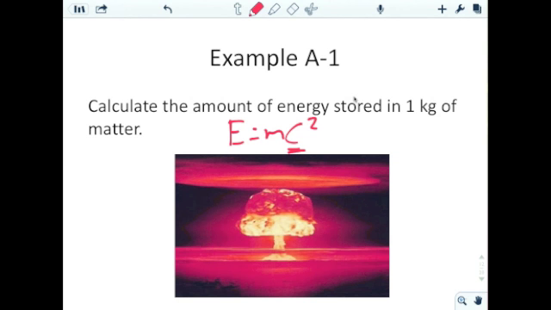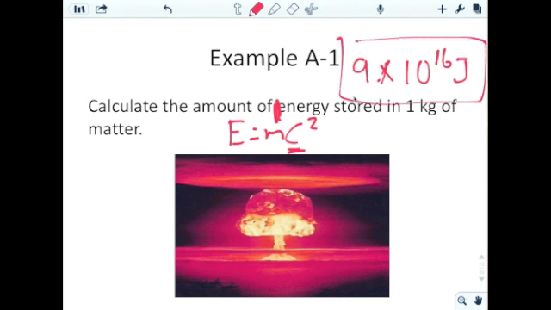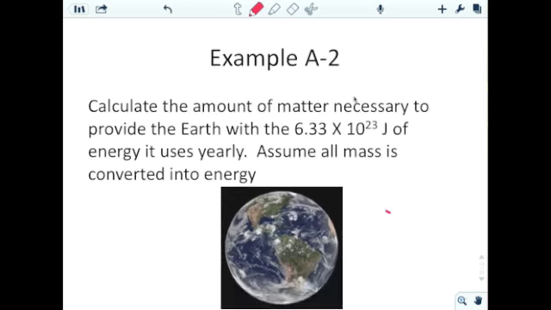So 1 times 300 million squared is 9 times 10 to the 16th joules. That is a lot of energy. It doesn't take a lot of mass to produce a large amount of energy.